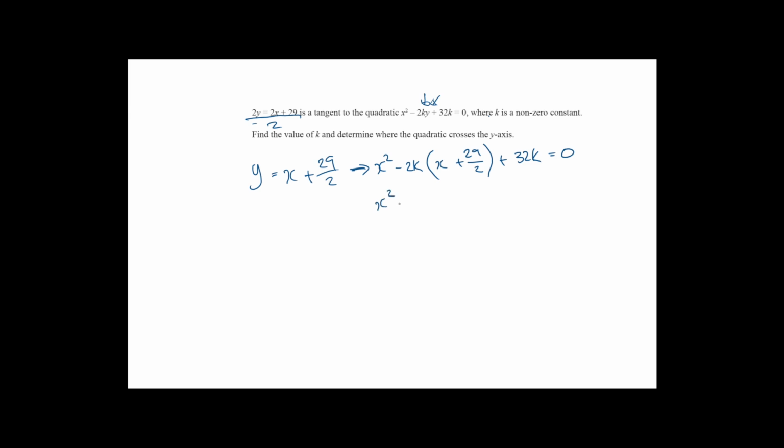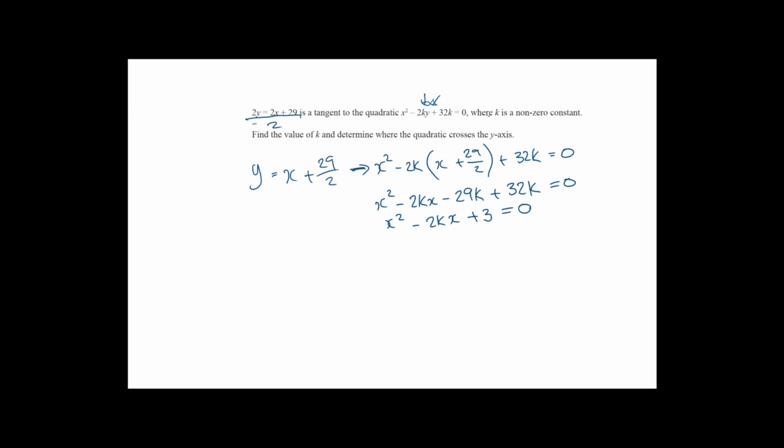So we've got x squared minus 2k x minus 29k minus 2k times 29 over 2. 2 is going to cancel. Plus 32k, and they're going to cancel some more. So we're left with x squared minus 2k x plus 3 equals 0.